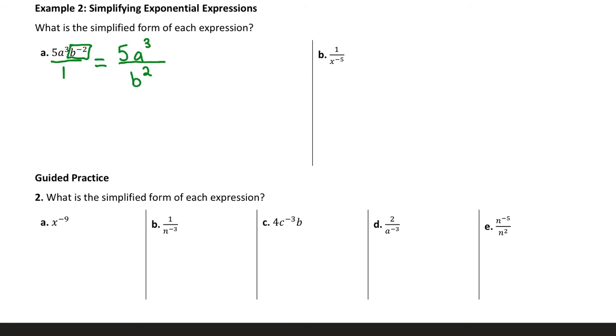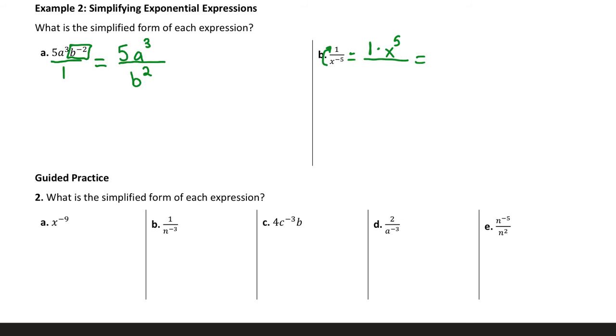In part B, looking at this as a fraction, 1 is not being raised to a negative power, so I can keep 1 on the top. x is being raised to a negative power, so the reciprocal moves x to the top of the fraction. When I talk about reciprocals, it's like you're moving a power from the top to the bottom or the bottom to the top.